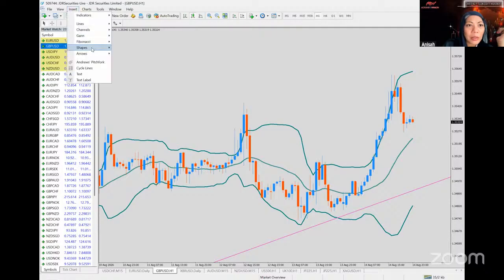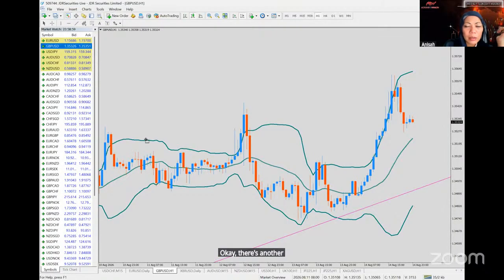There's another sideway here, and price broke out of the rectangle somewhere around 14 August.